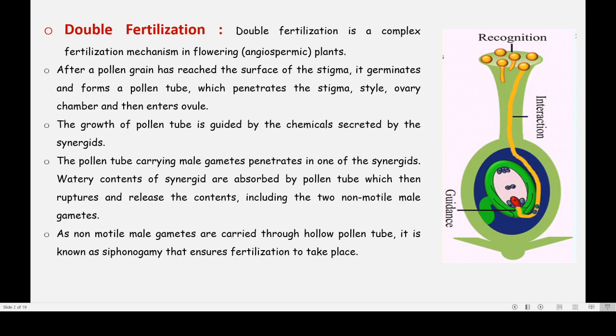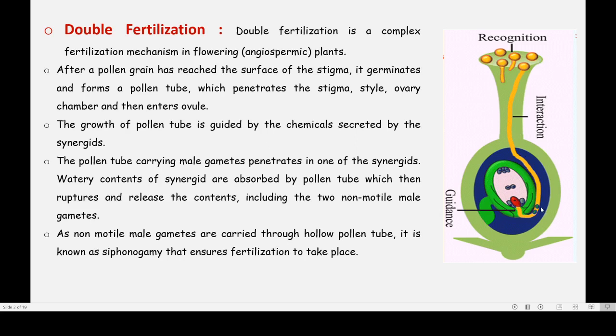Now the first male gamete fuses with the egg cell, and by the fusion of this male gamete and the egg cell, we get the zygote. This is the first fusion of this fertilization process, or you can say the first fertilization step, and this is also known as syngamy. This fusion of male and female gamete is known as syngamy. So here first fertilization has occurred.